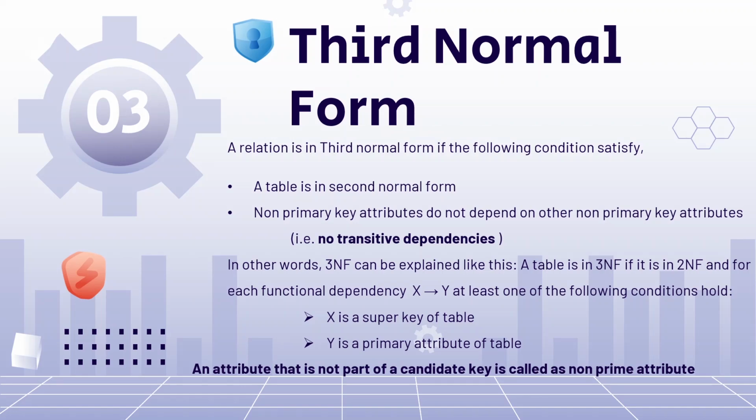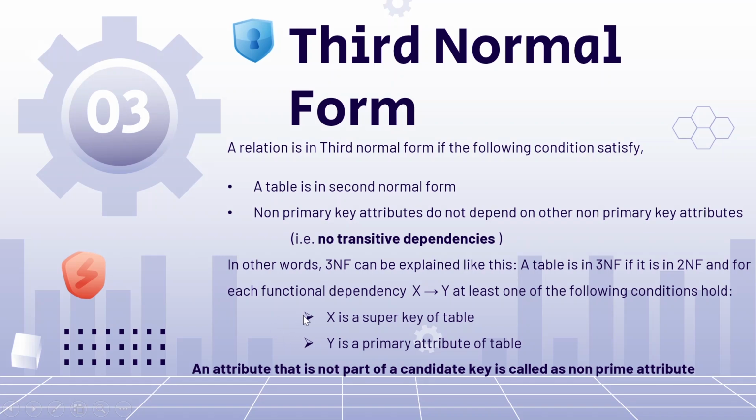A relation is said to be in 3NF form if it is already in 2NF, and it should not have any transitive dependency. That means a non-primary attribute should not depend on another non-primary attribute. Then only we can say that it is in 3NF form. Or we can also say that a table is in 3NF if it is already in 2NF, and for any functional dependency existing in that table, any one of these conditions should suffice.